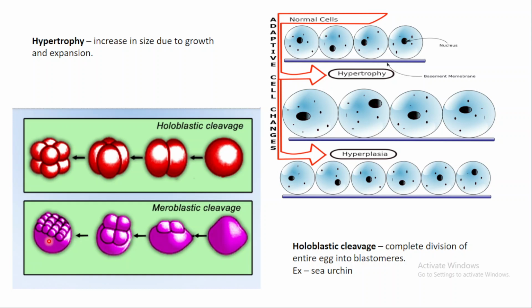So the yolk impedes the division, impedes the cleavage furrow to travel further. And here in holoblastic cleavage, we have complete division of the cytoplasm. Example, sea urchin eggs for holoblastic cleavage, and for frog eggs, we have meroblastic cleavage.